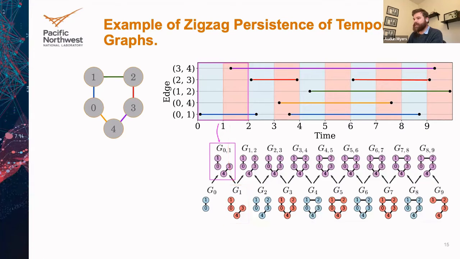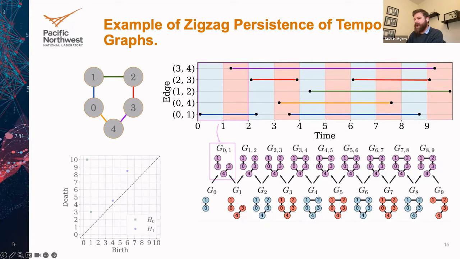And I also can take unions of these two windows to get a graph where I get, in this case, edge 0, 1 and edge 3, 4 during this larger window. If I apply this along the entire length of the data, I get my sequence here and I create abstract simplicial complexes from them. And then I get what's called a persistence diagram representation of those barcodes.